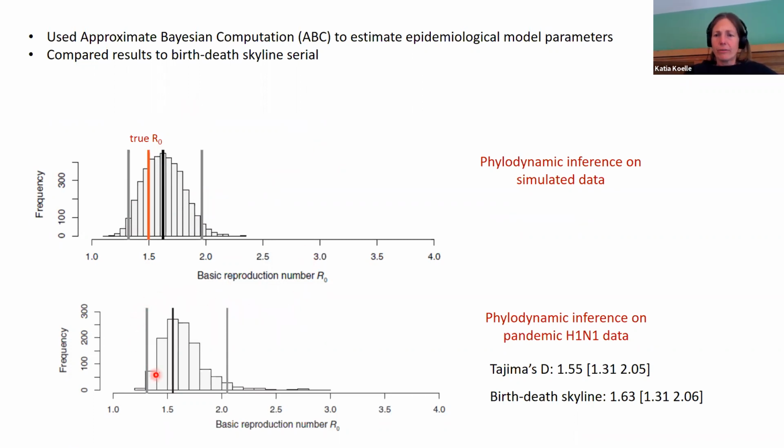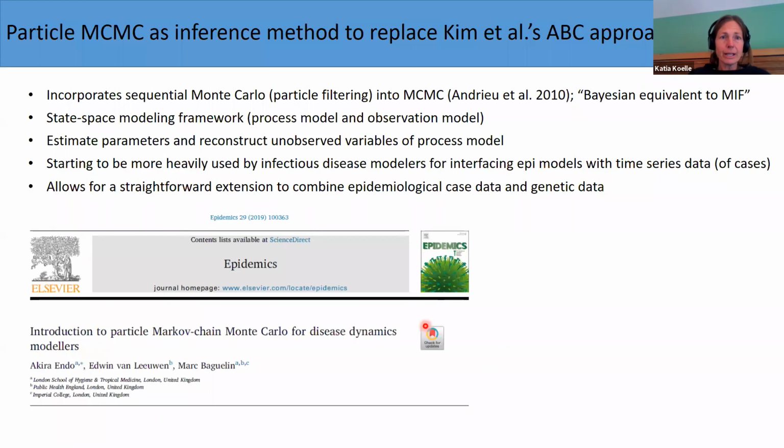And then this is an example on pandemic H1N1, where they estimated an R naught of 1.55 using their Tajima's D approach, and the birth-death skyline model, which used the same data, had an estimate of 1.63. Anyhow, they thought it was a good alternative to the birth-death model.